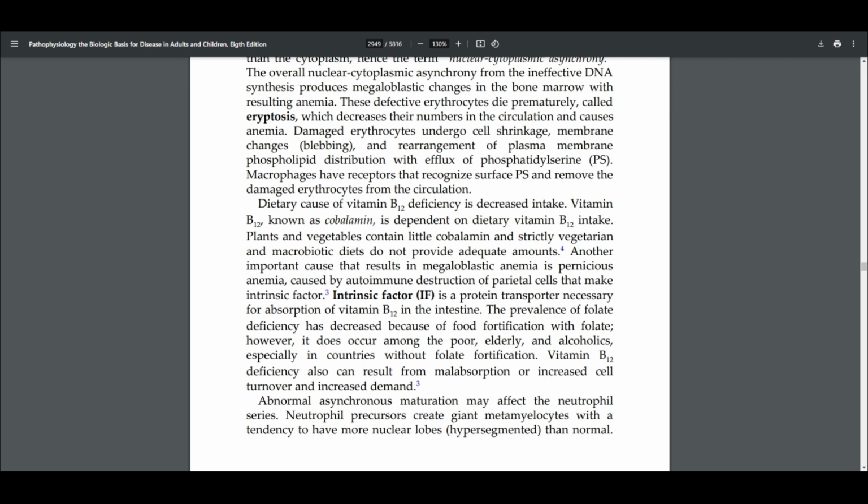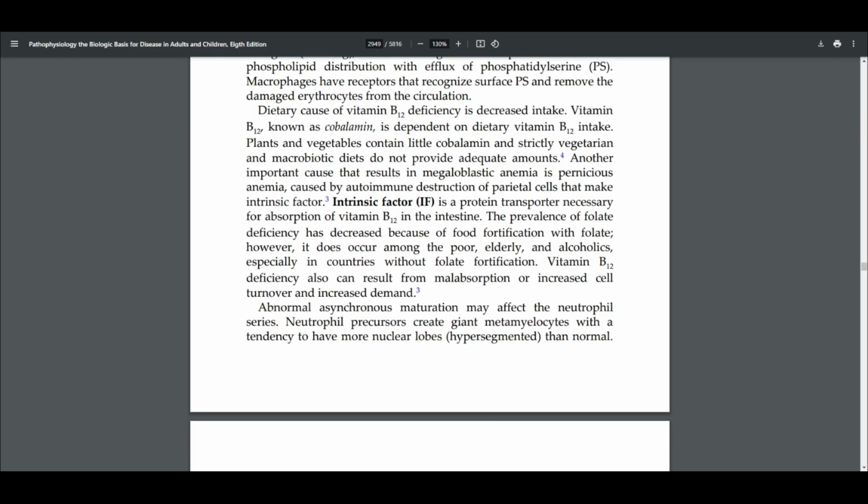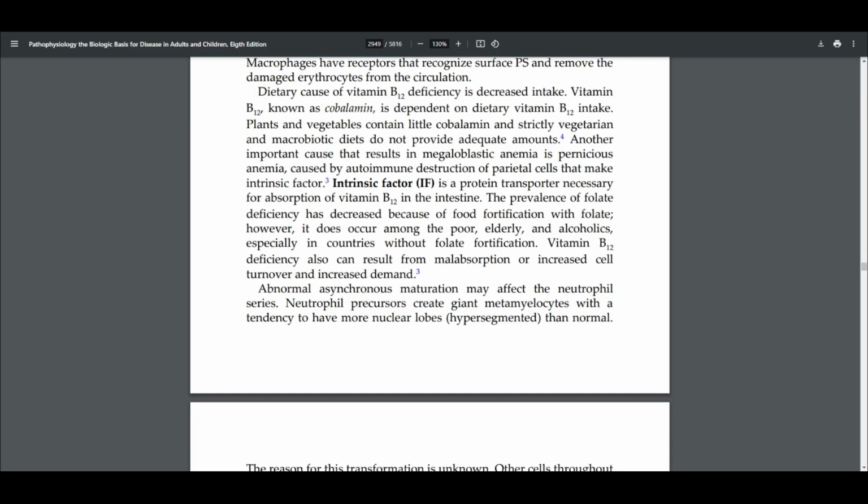A dietary cause of vitamin B12 deficiency is decreased intake. Vitamin B12, known as cobalamin, is dependent on dietary vitamin B12 intake. Plants and vegetables contain a little cobalamin, and strictly vegetarian and macrobiotic diets do not provide adequate amounts.